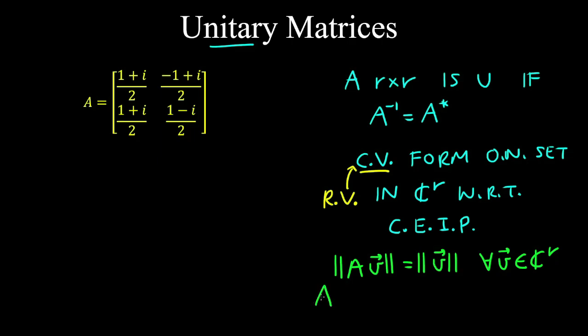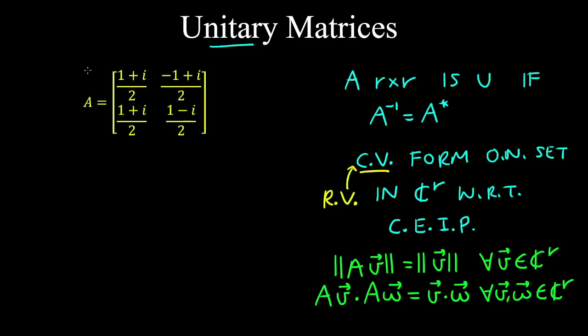And also the complex Euclidean inner product of a vector Av with a vector Aw is equal to v dot w for all pairs of vectors v, w in C^r.